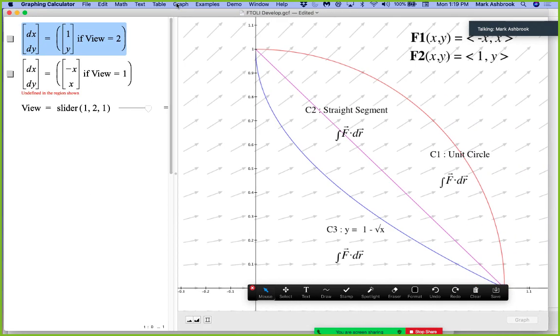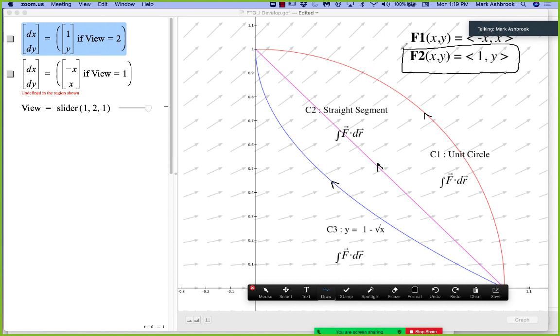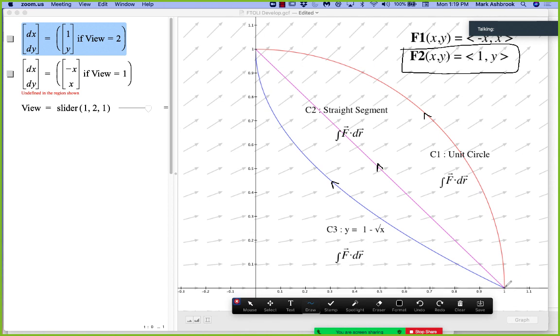That's also a gradient field, and here's a path along the unit circle. Let's look at these 3 paths. We're in F2 here, 1y, and we'll go from point A to point B, going this way.